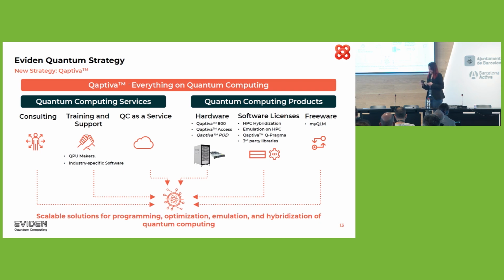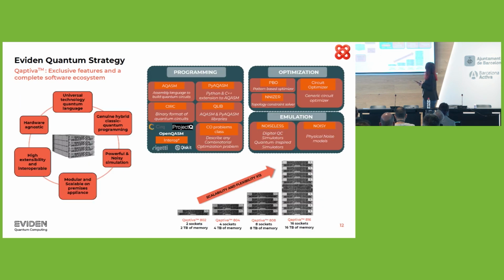From a software perspective, Qaptiva has three environments: programming, optimization, and emulation. In programming, the important parts are combinatorial optimization and interoperability with other frameworks like Qiskit, Rigetti, or Cirq.